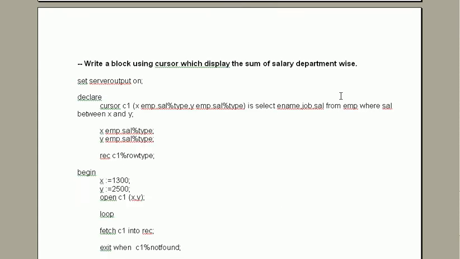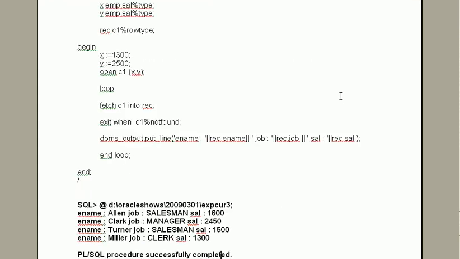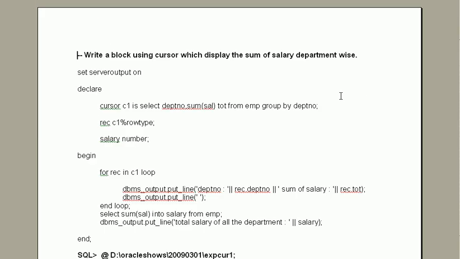That query is very simple, as you know: select department number, sum of salary alias TOT from EMP group by DPTNO. This query returns two columns, DPTNO and TOT, that will be inserted into the cursor C1.